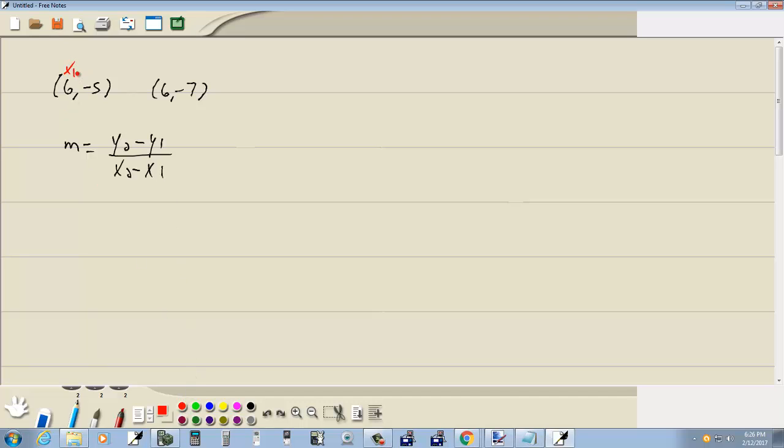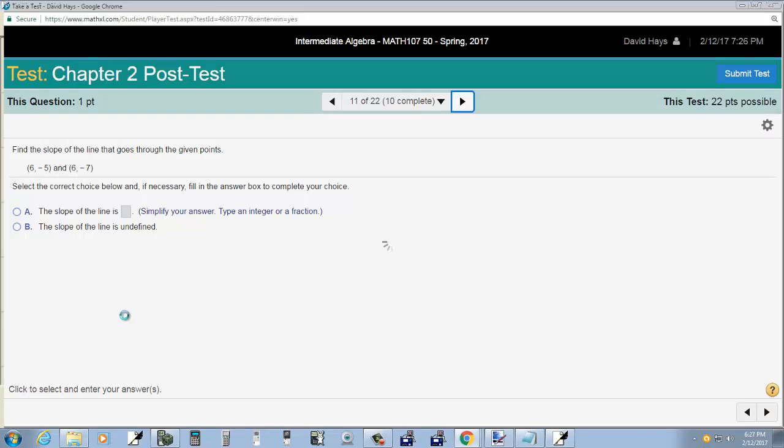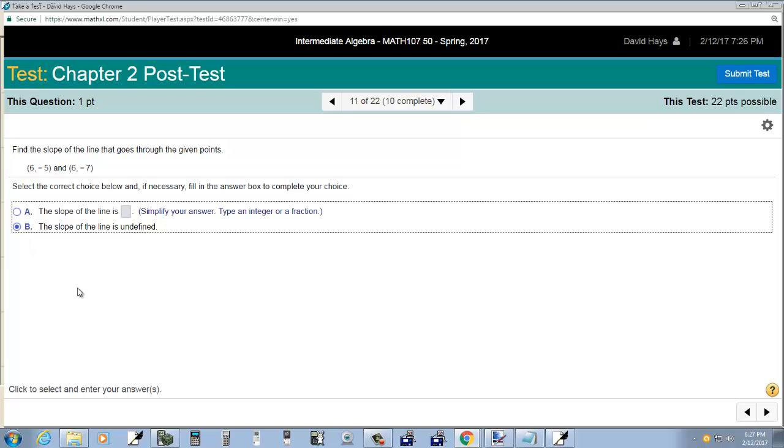This is my first point, so I'll label that as x1, y1. This is my second point, so I'll be x2, y2. y2 is negative 7 minus y1, which is negative 5, over 6 minus 6. That gives us negative 7 plus 5 over 0. And anytime you get division by 0, it's undefined. So that's B. Slope of the line is undefined.